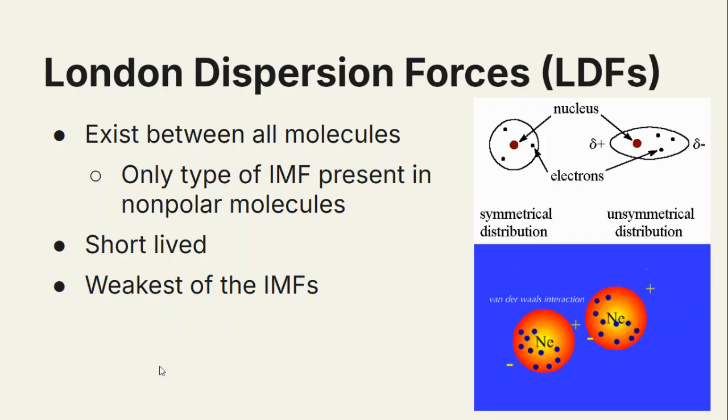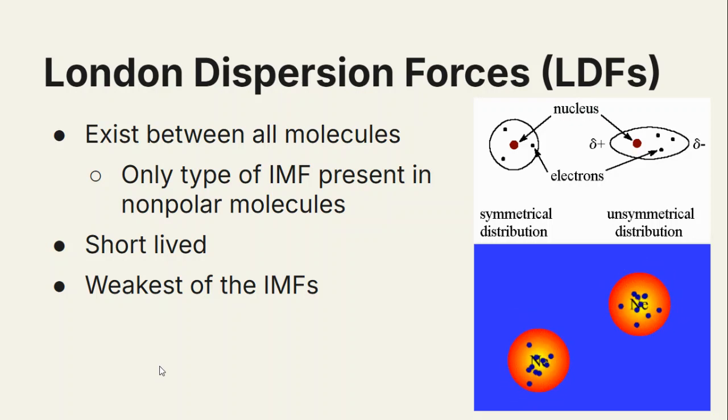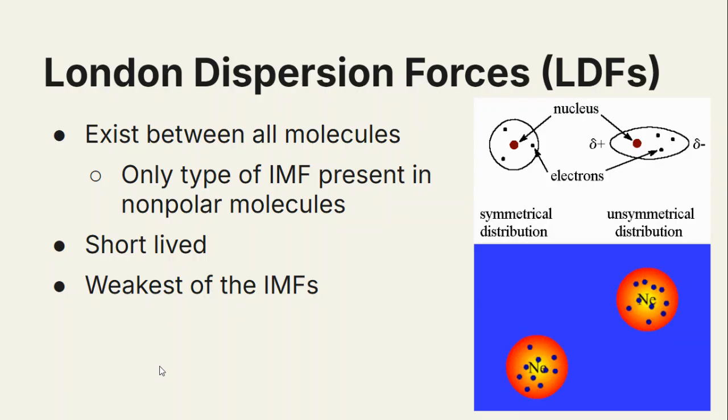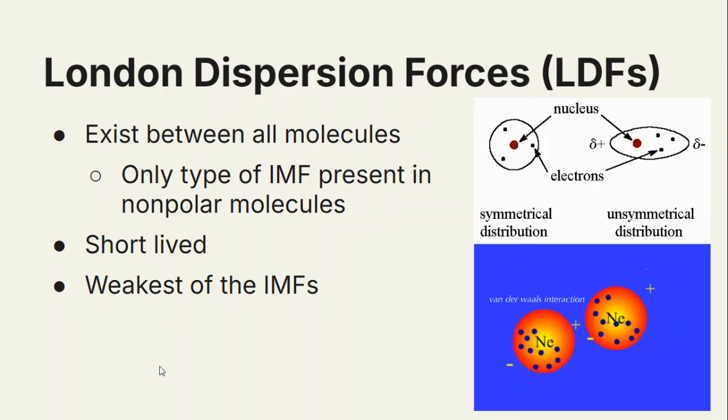Only one. But this is found in every single particle, doesn't matter what it is. They're very short-lived because the electrons move randomly. That's why they form the LDFs in the first place. So the electrons will just naturally move back to being evenly distributed very quickly. And this is the weakest of the three IMFs that I'm going to talk about.